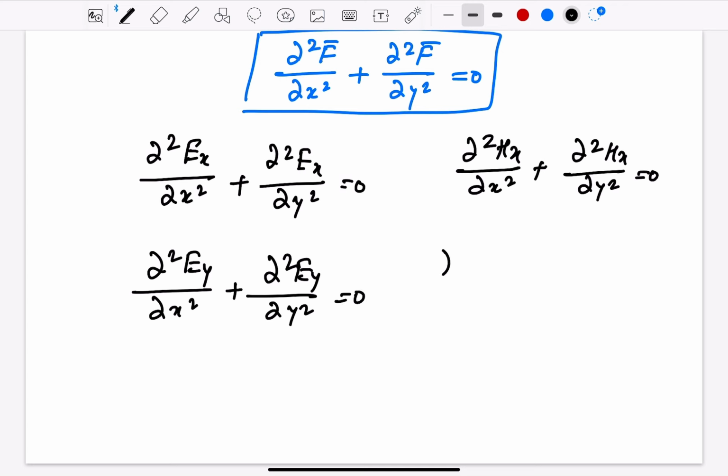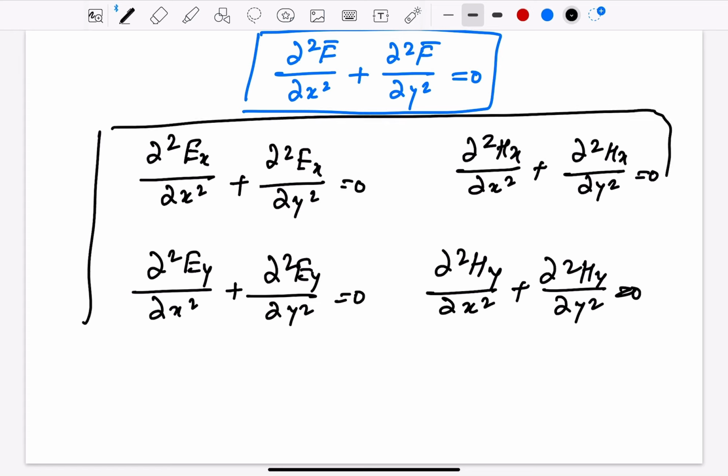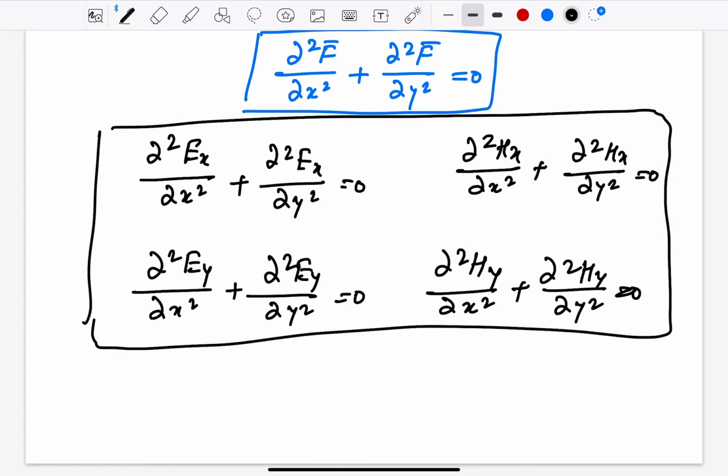And the last equation, can you guess? In terms of Hy, plus dou square Hy over dou y square is equal to 0. So now we have this result for the TEM mode.